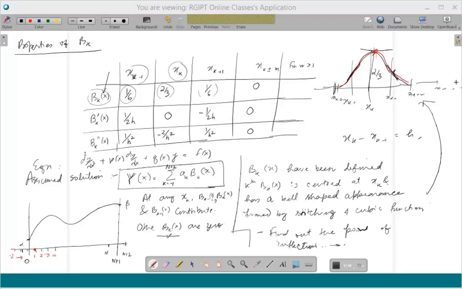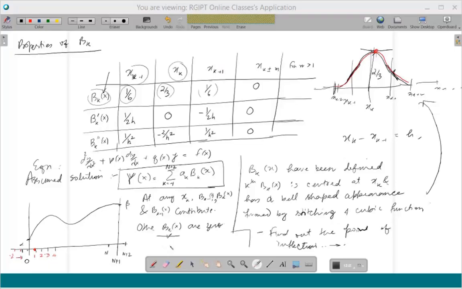If you take a B centered at x_{k-2}, that value will already be 0 at x_k. B_{k-2} or B_{k+2} will already be 0 at x_k. We can see that in this table also, right? B_k(x) is 0 for x_{k±1} where n is larger than 1. So k plus 2 is 0, k plus 3 is 0, and of course k minus 2 is 0, k minus 3 is 0, and so on.